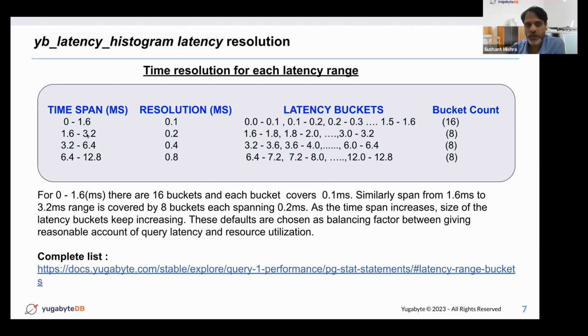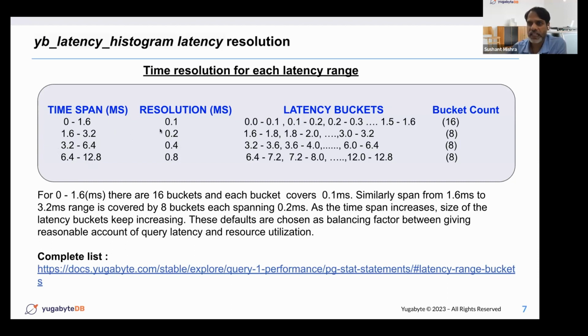Similarly, for 1.6 to 3.2, the resolution goes to 0.2, and there are a total of 8 different latency spans, each covering 0.2 millisecond. And every time we go to the next range, we keep doubling the resolution, and the time span covered also doubles up.